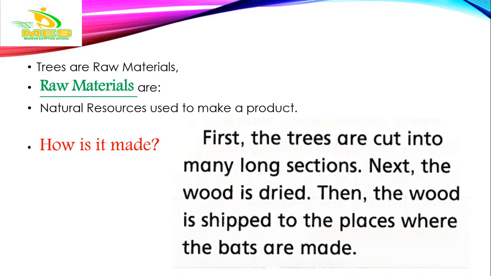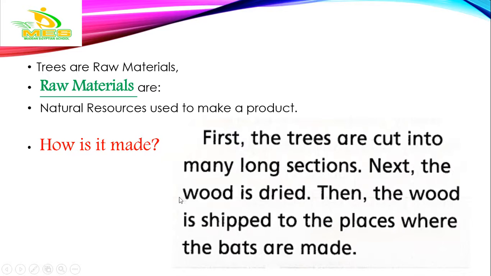Then the wood is shipped to the places where the bats are made. So you need to do it in steps. First we will cut the tree. Then we are going to dry the wood. Then the wood is shipped to the places where the bats are made.